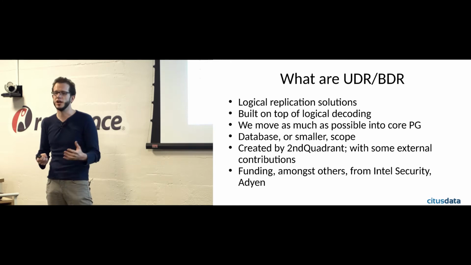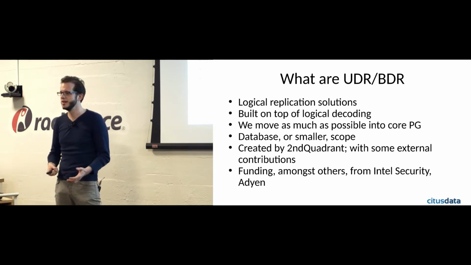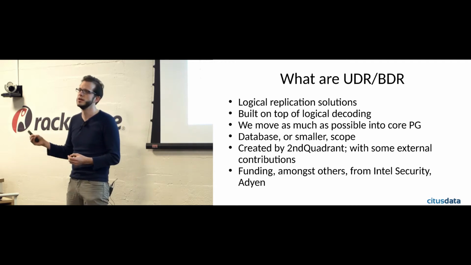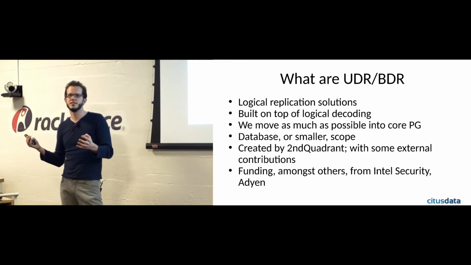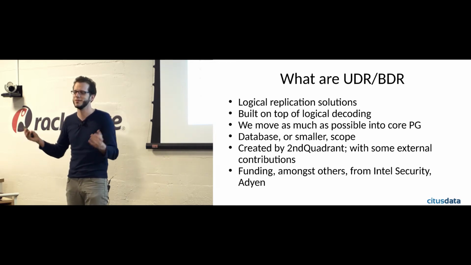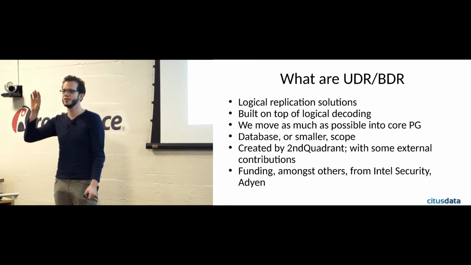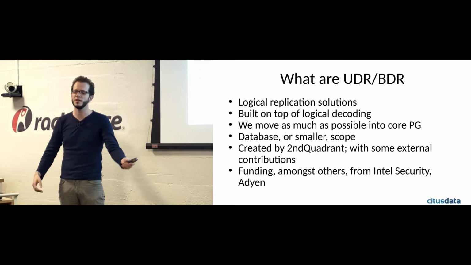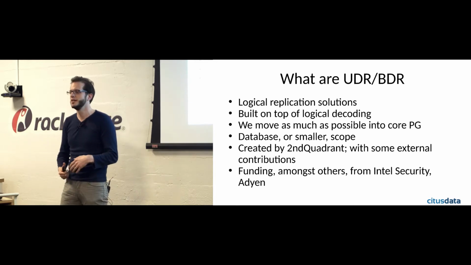On the other hand, it's very hard to develop features for Postgres. It is a multi-year effort. It has to work very well, and that means that it just takes ages, and it's very hard to get people to finance that. Hey, we're working for the next 4 years on a replication solution, and then it will take another 2 years until you can actually use it.